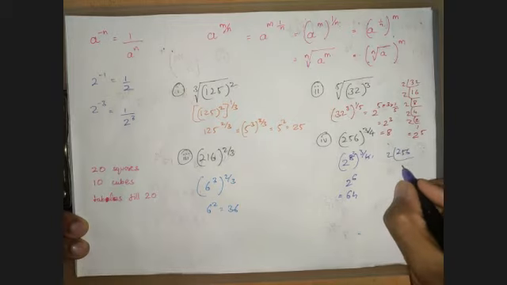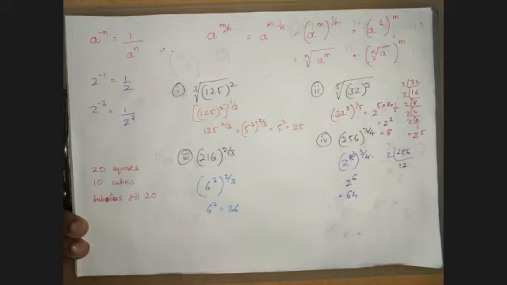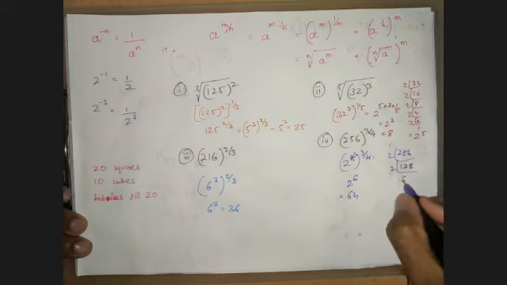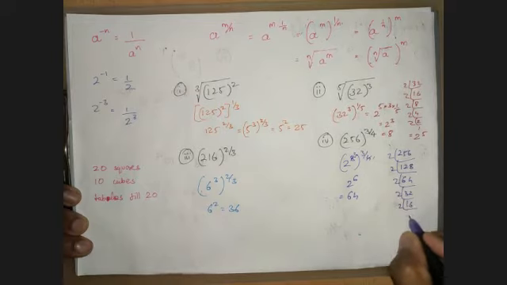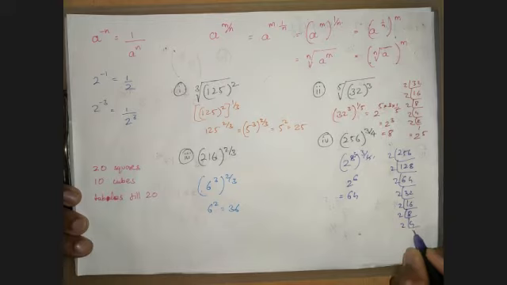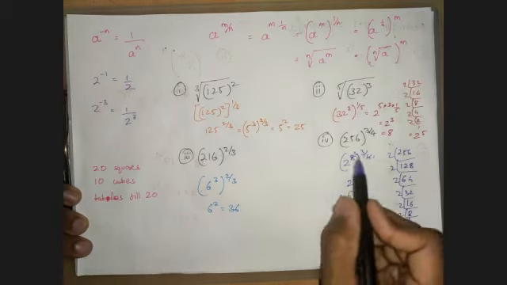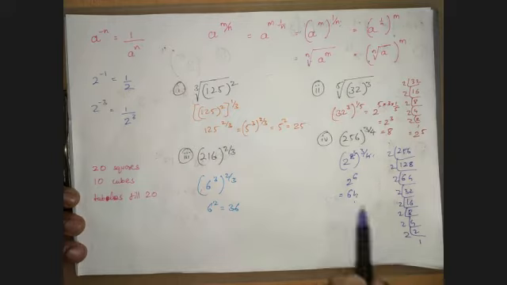It is 2s are 128, 2s are 64, 2s are 32, 2s are 16, 2s are 8, 2s are 4, 2s are 2, 2s are 1. So it is 1, 2, 3, 4, 5, 6, 7, 8. So I was right. It was 2 power 8. So this is 2 power 6, that is 64.